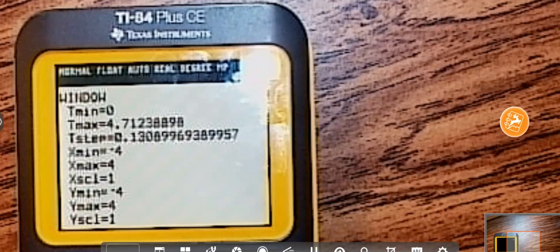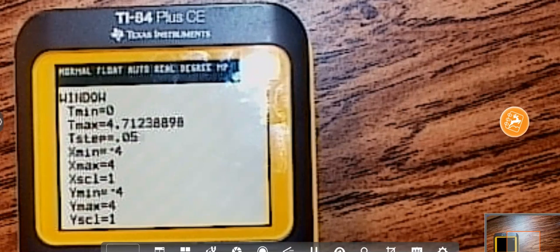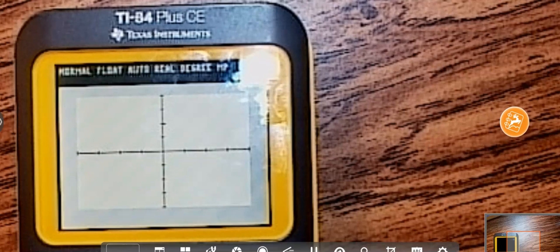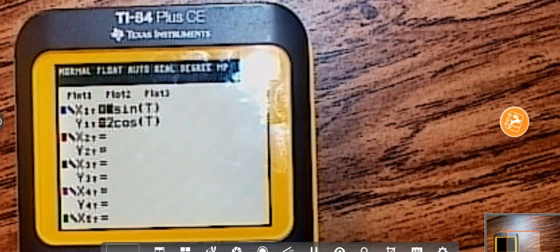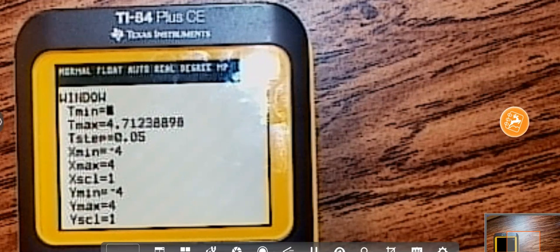I don't know. Let me put 0.05 and see what happens. Boy, this is really taking a long time. Okay, this doesn't make sense. What's going on here? 2 sine t, 2 cosine t. 0 to... Did you guys get a circle? Alright, what did you end up putting for your window? Unless I typed something wrong here.